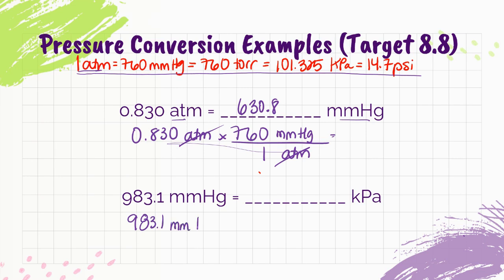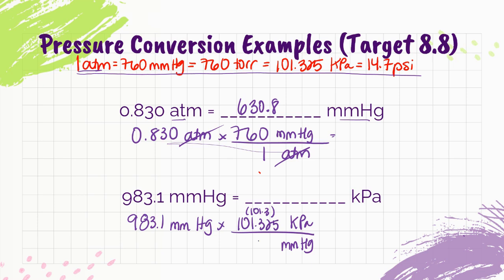983.1 millimeters of mercury, and we want to get to kPa. So to cancel out millimeters of mercury, we're going to need that on the bottom and kPa on the top. So the kPa, well, we got 101.325. And again, if you put this as 101.3, that is totally fine. Don't worry about that.